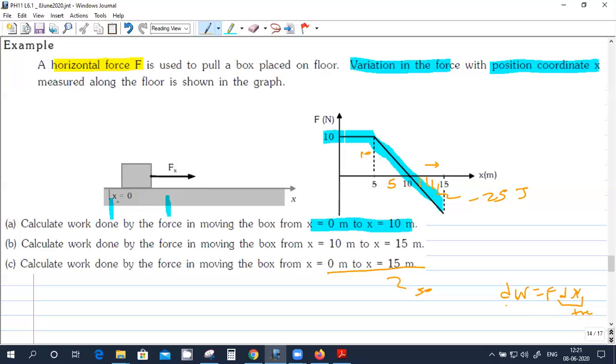The sign of the work done will be decided by the sign of F. So the work done in this small interval is negative, and in the next interval also negative. If you have all these negative areas, I'll get the total work done from here to here as negative. Yes, sir.